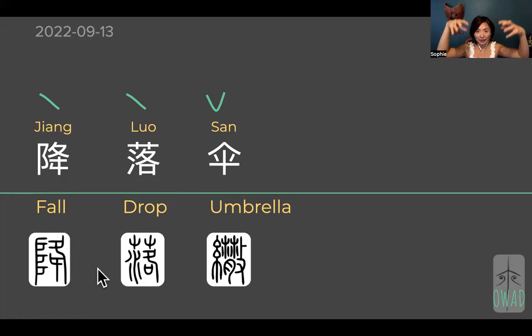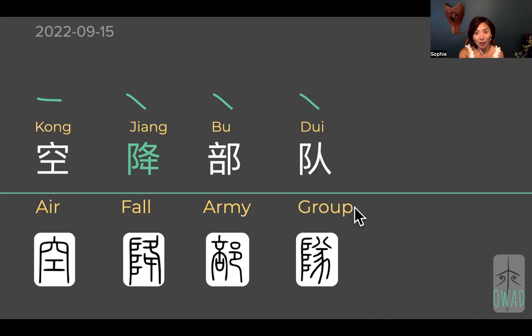So both are falling down. And then we have umbrella, the ancient way of expressing umbrella. So an umbrella that's used for you to fall down. That's our parachute.